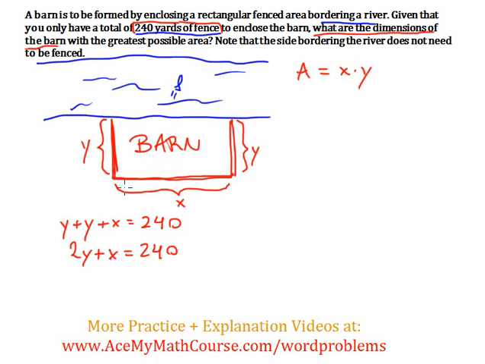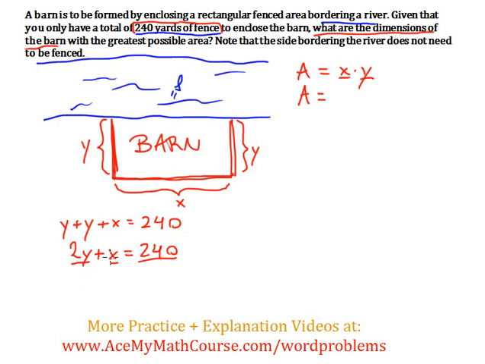So X times 1Y. That's it. So now we have X times Y, but I want to get rid of either the X or the Y. And how can I do that?